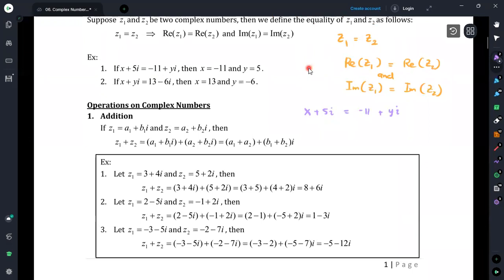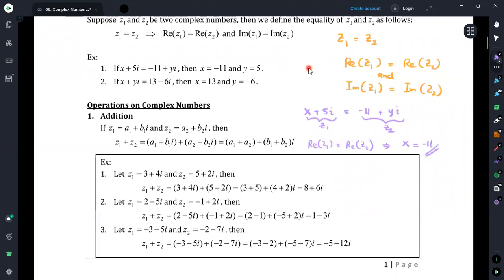These are two complex numbers, and we can see that the equality exists. Since the equality exists, the real part of Z1 is equal to the real part of Z2. The real part of Z1 is x, and the real part of Z2 is minus 11. That's why we get the value as minus 11.